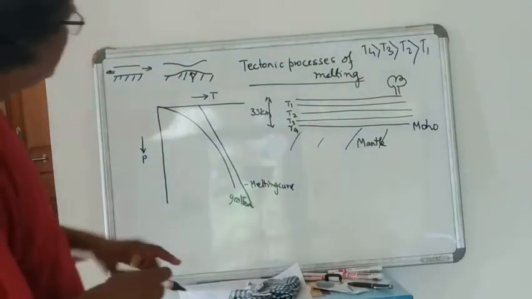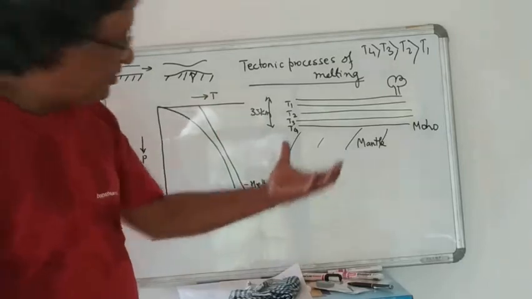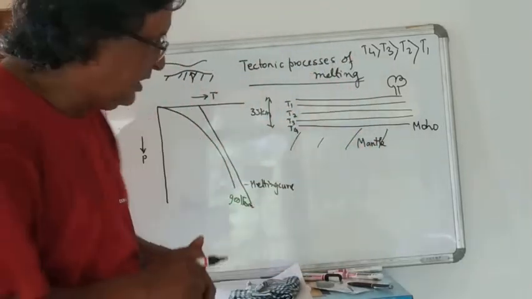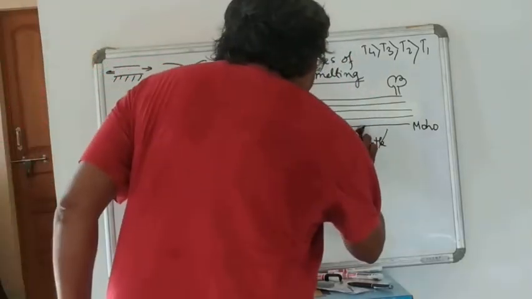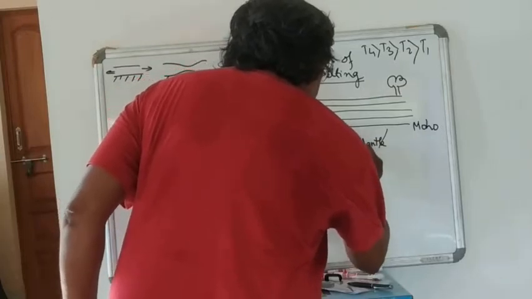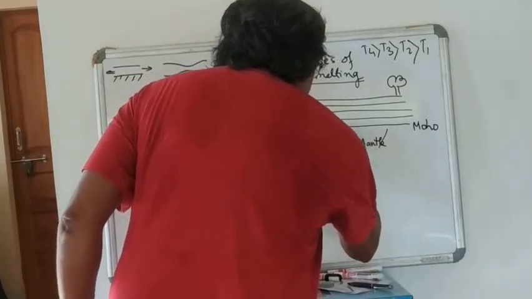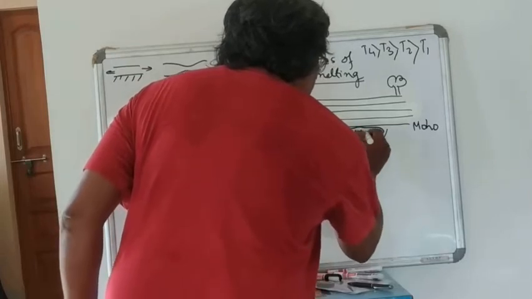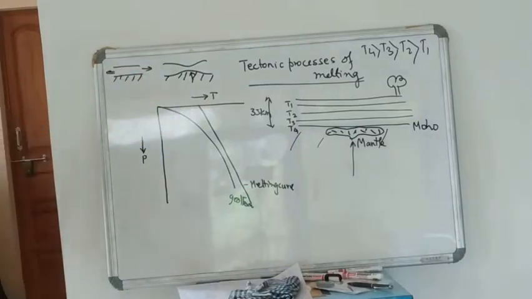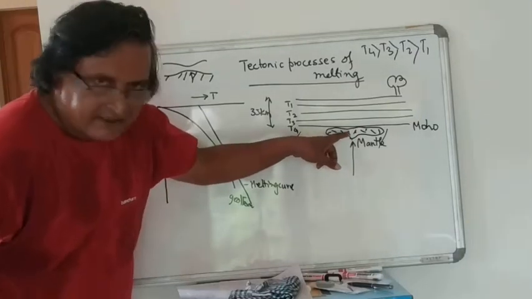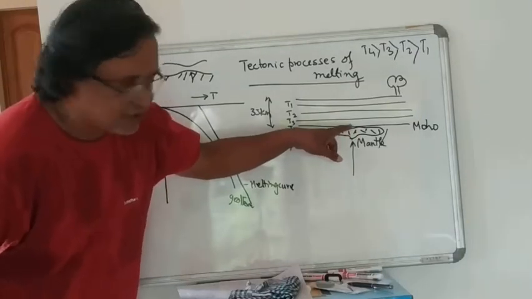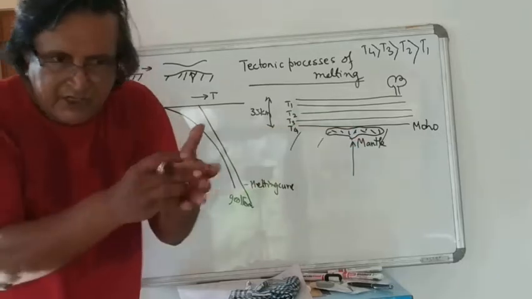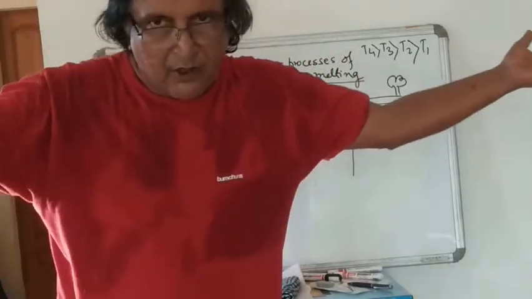So sometimes melts are generated way below, in the mantle, and these melts move up toward the Earth's surface, and this melt ponds itself below the Earth's crust. This melt has a density so that it cannot cross the crust, but it forms a cone-like material on the crust.